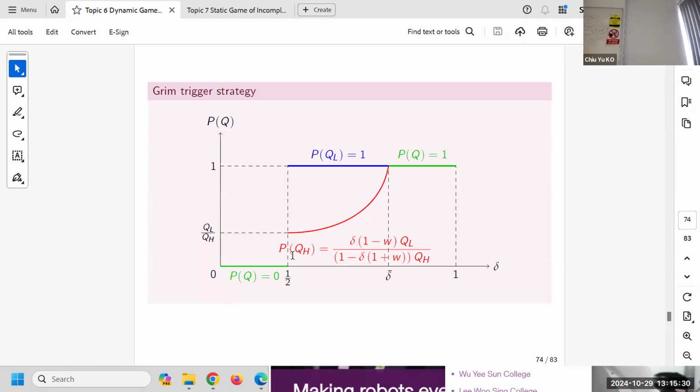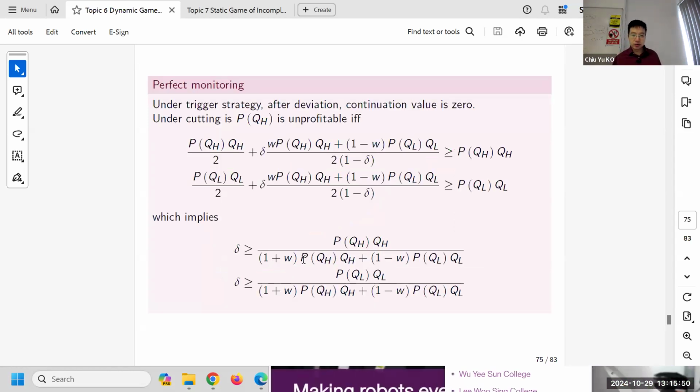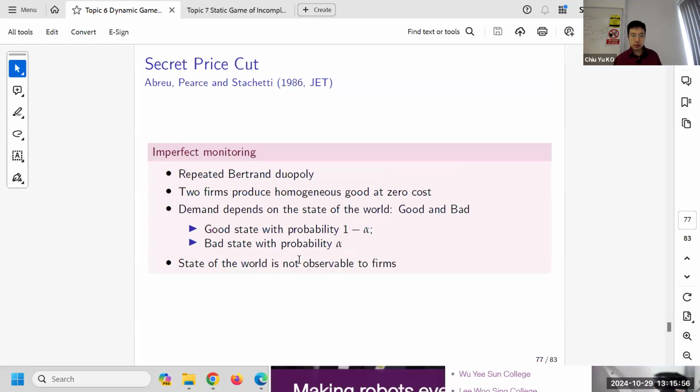Of course, you can see that if QL is very close to QH, this gap gets smaller, so everything makes sense. Because as QL gets closer to QH, the red line will shift very close to the blue one. But let's see how and why this is true, and then we'll explain the intuition behind it.